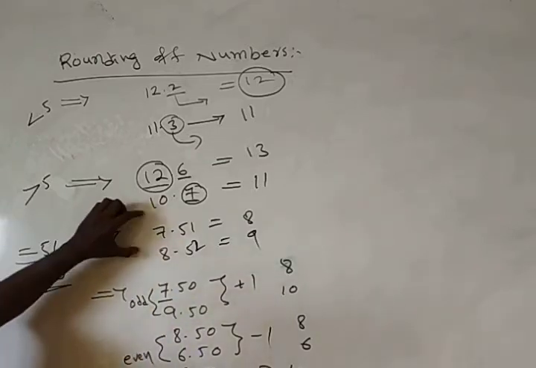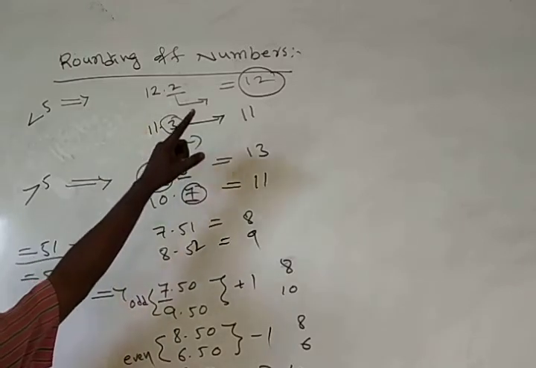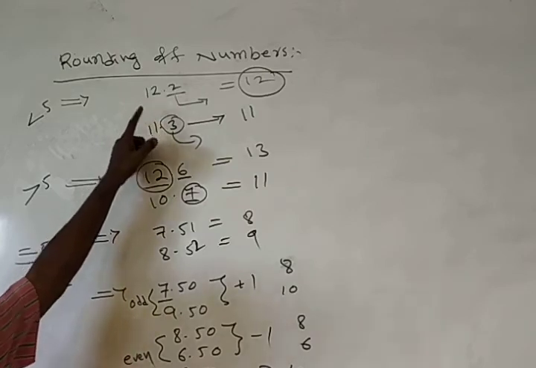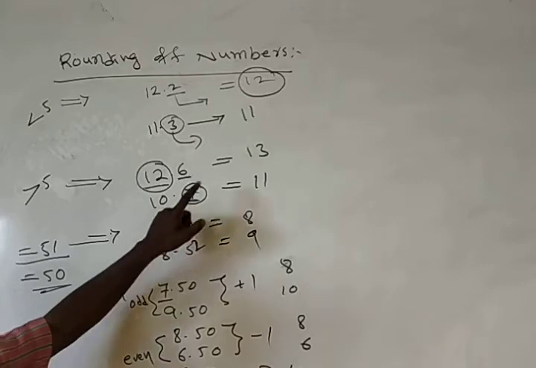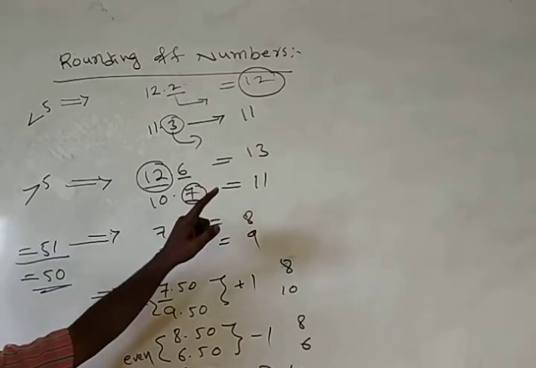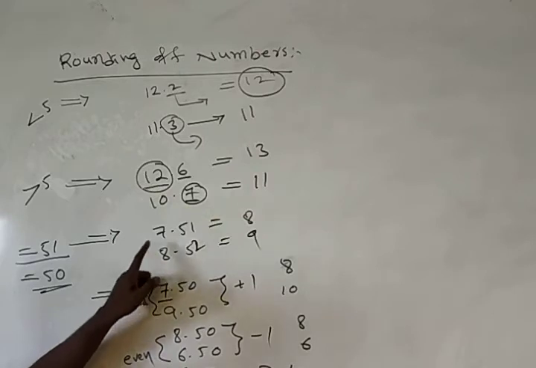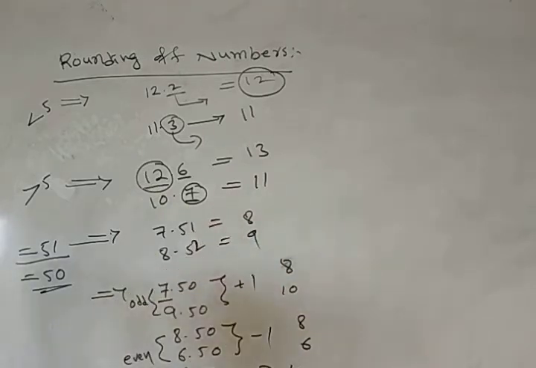What are those? One is: if the drop number is less than 5, round down to the direct digit value. Another is: if the drop number is greater than 5, add 1 to the digit. 7.51 becomes 8, 8.52 becomes 9. You round up like this.